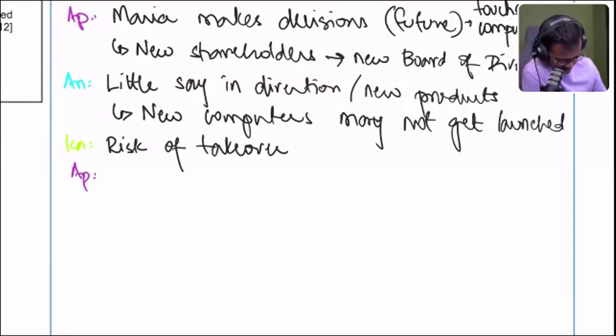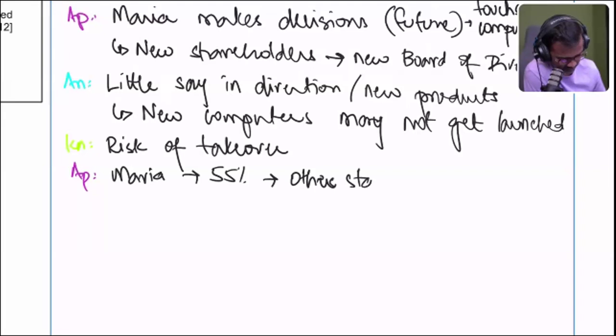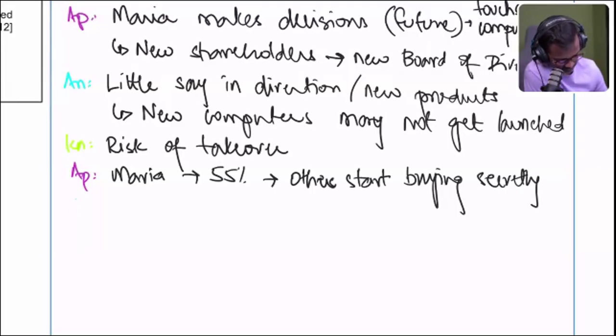Again, you explain that in application, that right now Maria has 55%, and you may have a situation where others start buying secretly, and the impact of that would be that you have a loss of control.